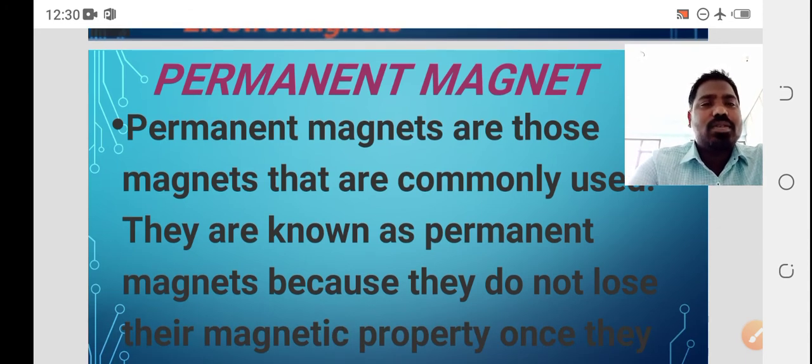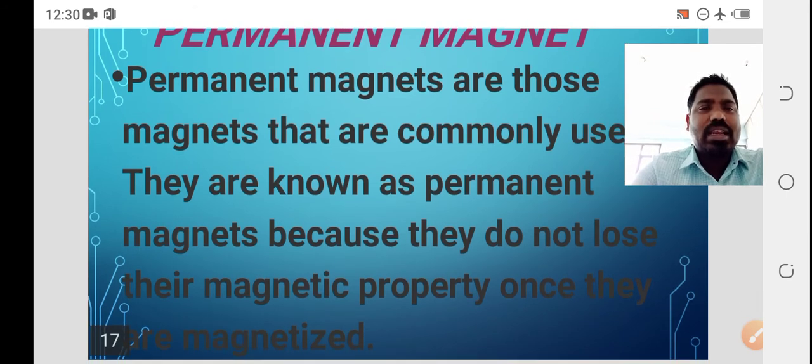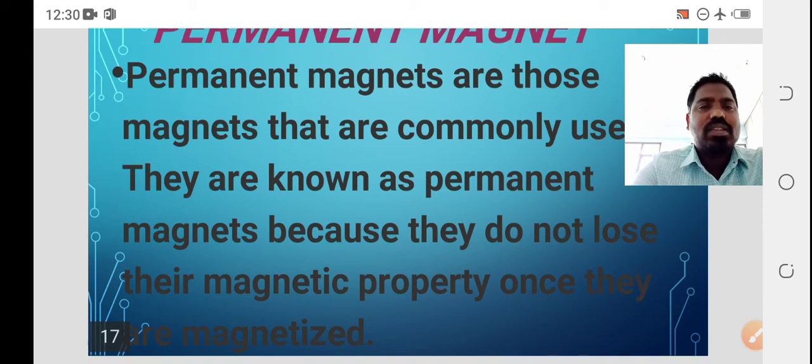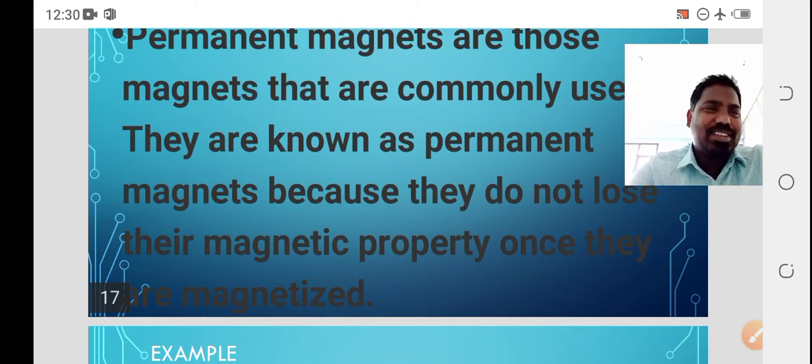Because they do not lose their magnetic properties once they are magnetized. The magnetic property remains consistent, with no losing nature.